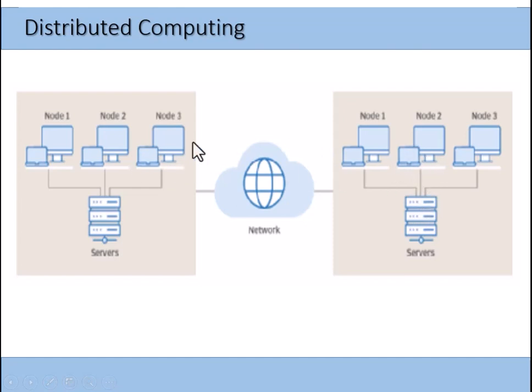And these different nodes are connected through some global network, and the whole as a unit runs for one goal, one purpose, or we can say the whole system runs as one system. But it is not one system, it consists of subsystems.